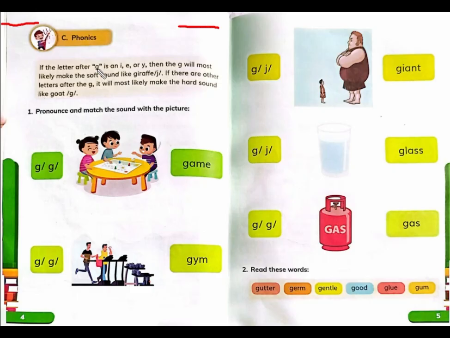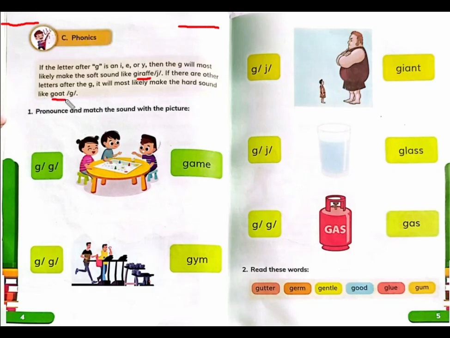It is saying that if the letters after G are I, E, and Y, only these three letters, then the G is going to produce the sound of J, like in giraffe, okay? But if there are other letters after G other than I, E, and Y, then the G is going to make the hard sound, that is the sound G, as in got.